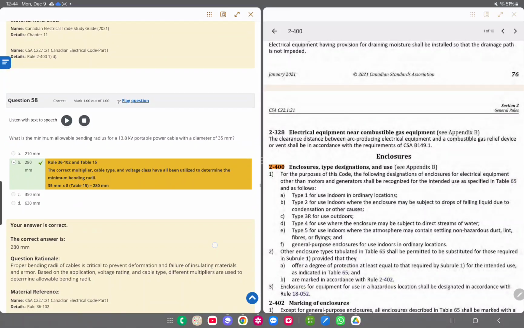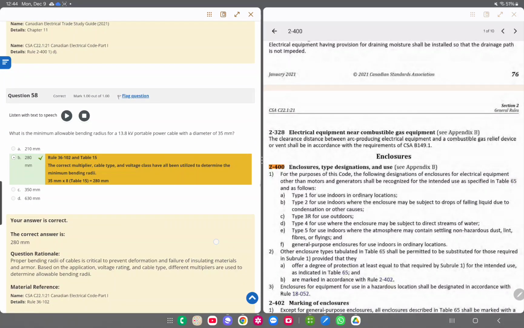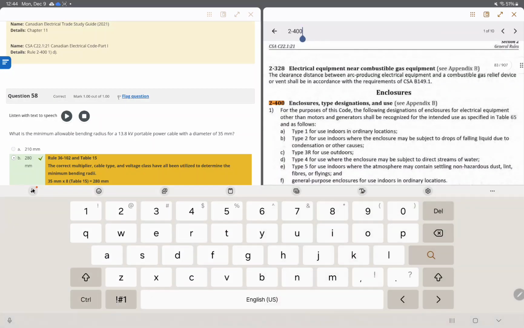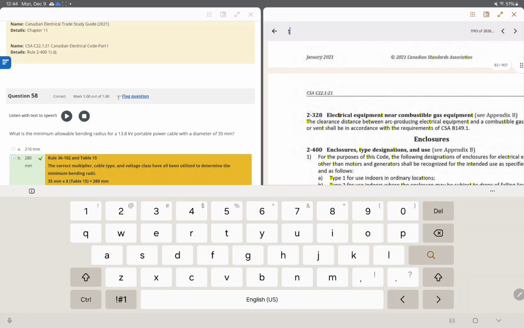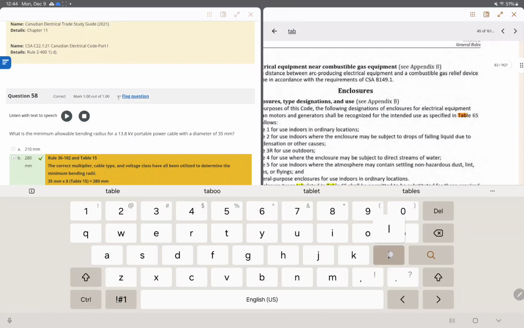What is the minimum allowable bending radius for a 13.8 kV portable power cable with a given diameter? Okay, so we got a portable power cable, and it's talking about high voltage. So this table is around table 12, so it's like table 15.